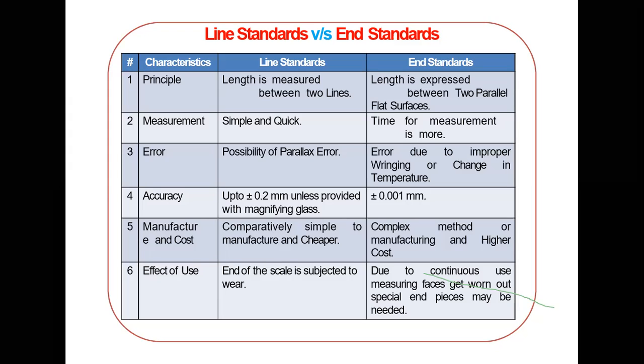Special end pieces may be needed. That is, we can replace them with other ones. So that is the two end points of the end standard. So these two end standards can be replaced with the other one.